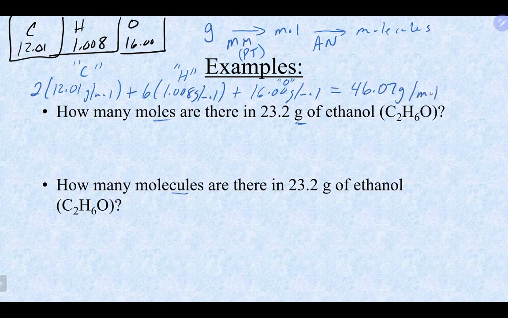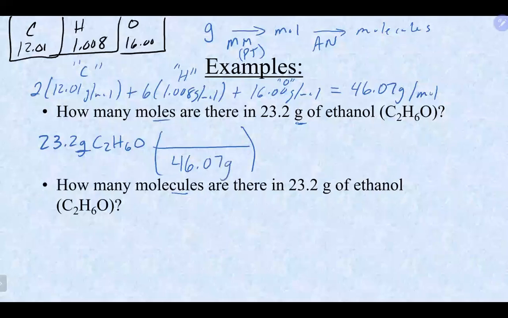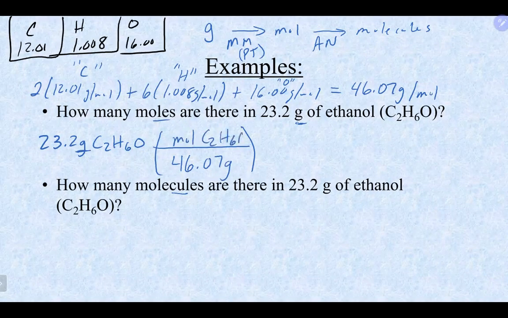And again, we're going to use that as a conversion factor. We're going to start with the 23.2 grams of our ethanol here. We're going to do a little dimensional analysis and put opposite units. So grams are up on top, which means grams need to go on the bottom here to cancel. We are basically dividing by the molar mass here.